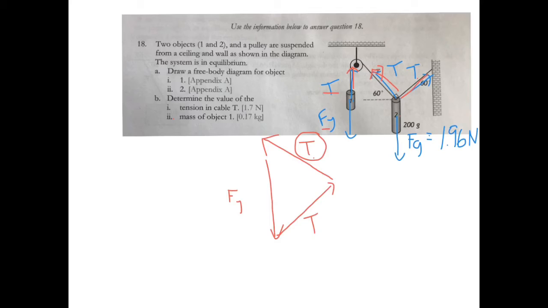Now I can look at some of these angles just to make sure that it's a right triangle. I guess this angle here is 60, which means this is 30. And then when I have this one going up here, this angle's 60.